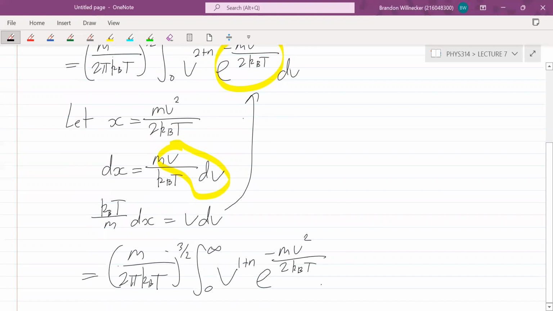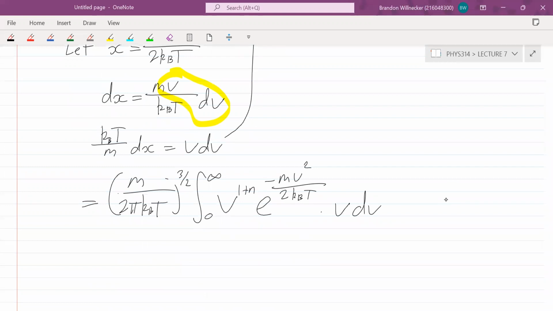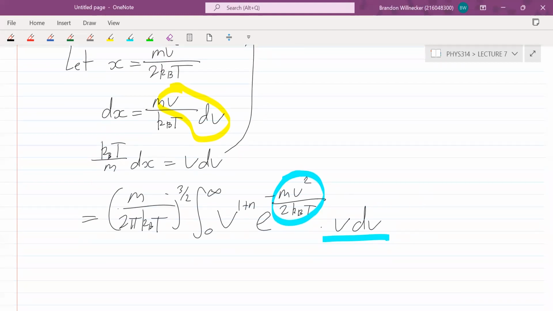And the one of those v's we're going to take to the other side, v dv. This term right at the end here, v dv, that's going to be part of the u substitution. This mv squared over 2 kbt, remember that was our x.